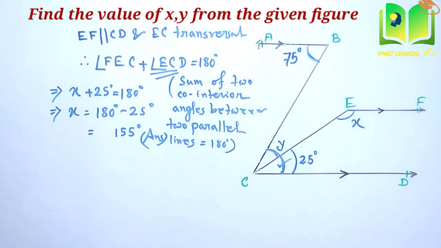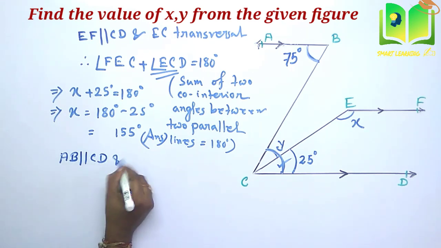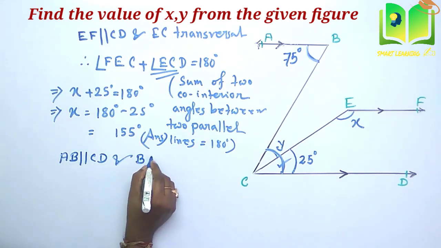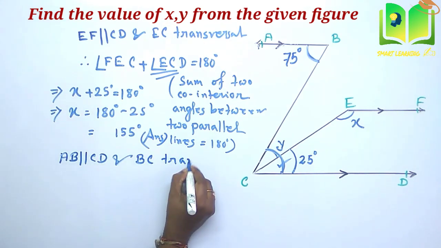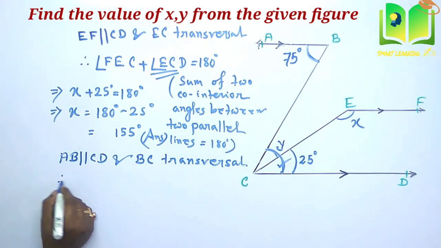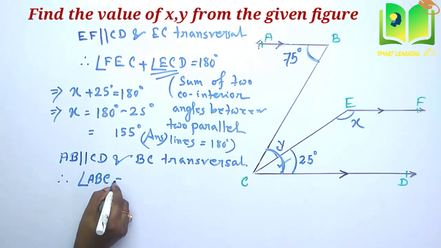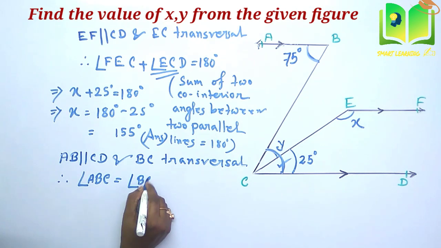So what we will write now? I will write here: AB parallel CD and BC transversal. Okay. Therefore, angle ABC equals angle BCD.